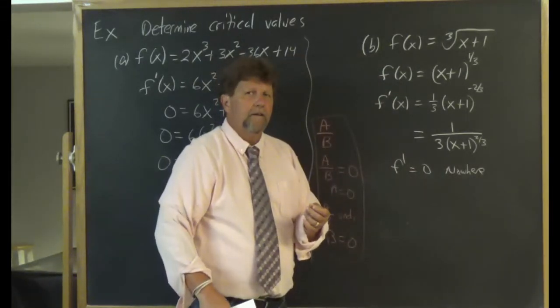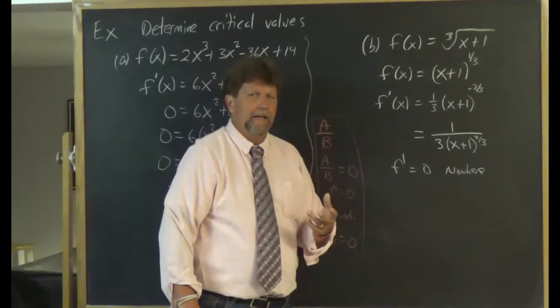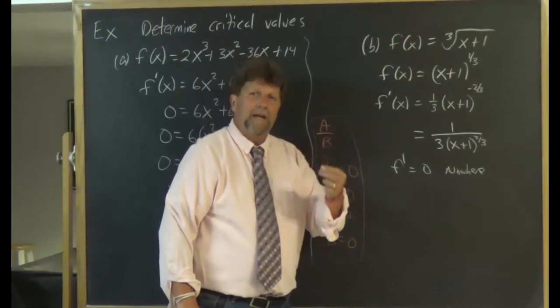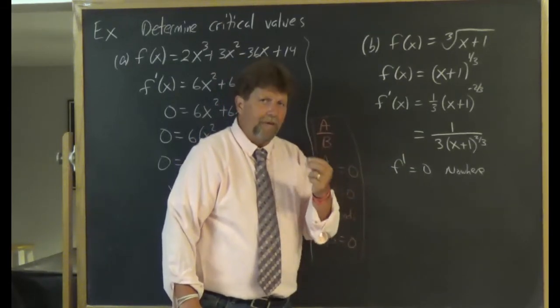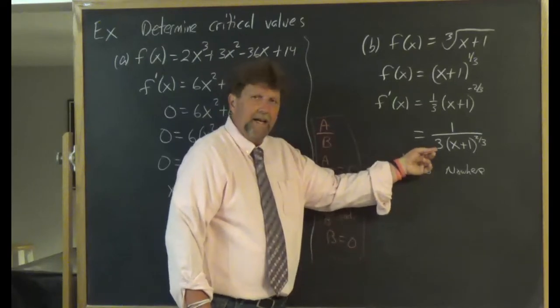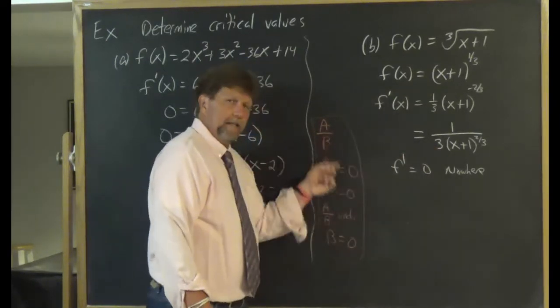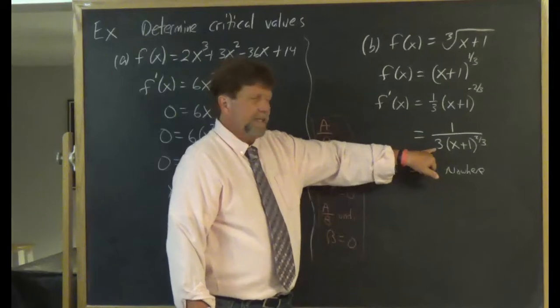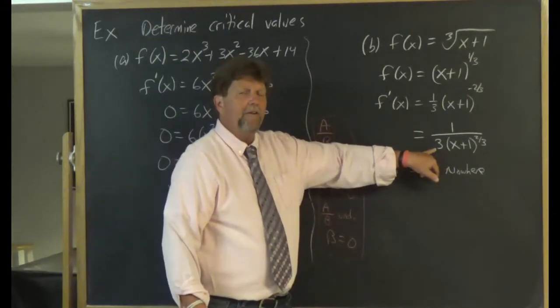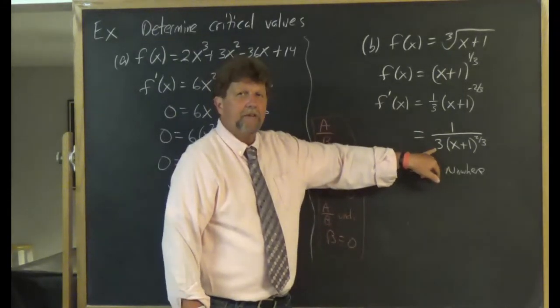Undefined. Is the derivative undefined anywhere? Well, it would be undefined if there's a value of x that makes the denominator 0. So look at the denominator. Is there a value of x that would make the denominator 0?